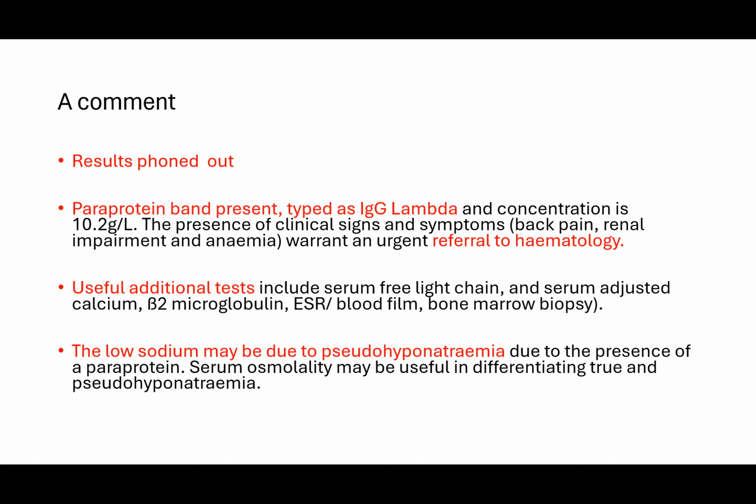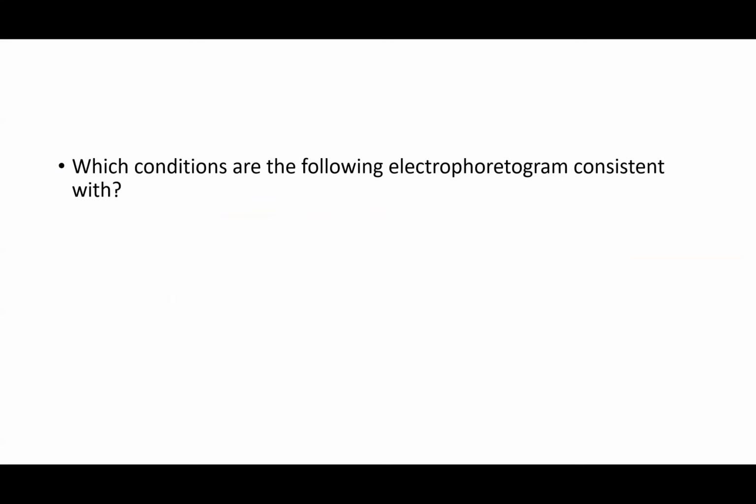Just to highlight, low sodium can also be due to pseudohyponatremia because of the presence of paraprotein, which we see with indirect ISE in the lab. So it's good to think about pseudohyponatremia in the context of a paraprotein.